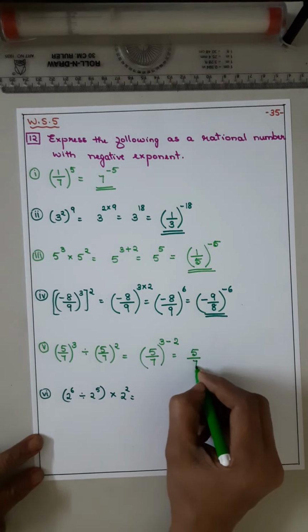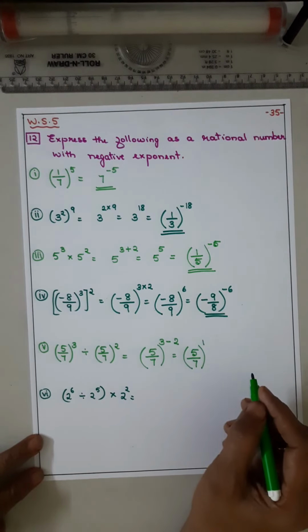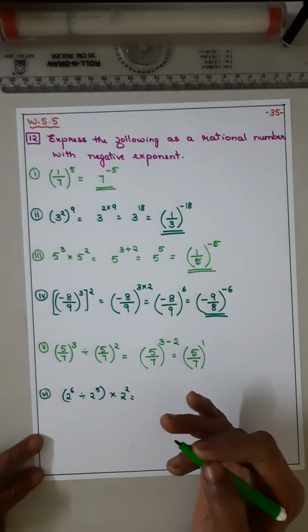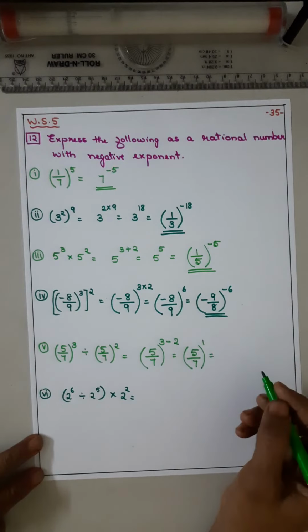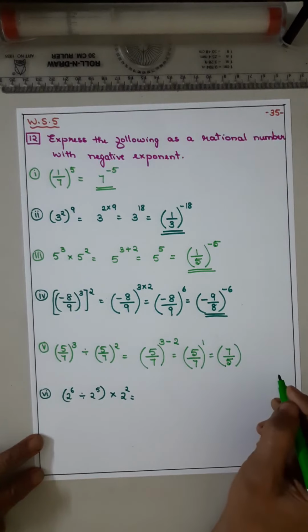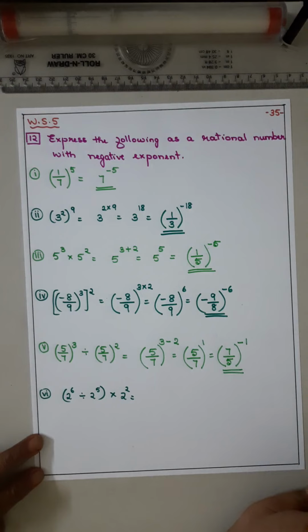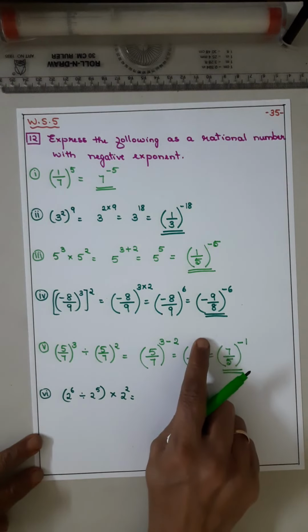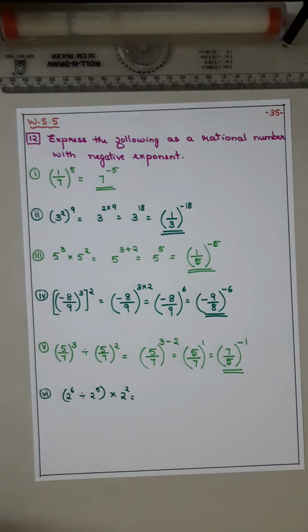So 1 को हम नहीं लिखेंगे, तो लिखेंगे क्योंकि अभी हमें उसको नेगेटिव में करने का, इसके लिए लिखेंगे. तो 5/7 का रेसिप्रोकल 7/5 और 1 का नेगेटिव है -1. याद रखो, अगर कुछ नहीं है मतलब 1 का नेगेटिव -1. So you got the answer (7/5), the whole raised to -1.